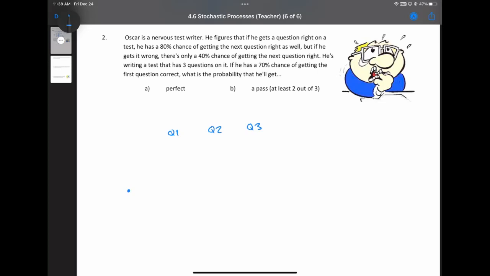The word that we use to describe these doesn't really matter, but choose something so you can put down a letter that makes sense. I'll just use right and wrong. And then his second question could be right or wrong. And his last question could be right or wrong.